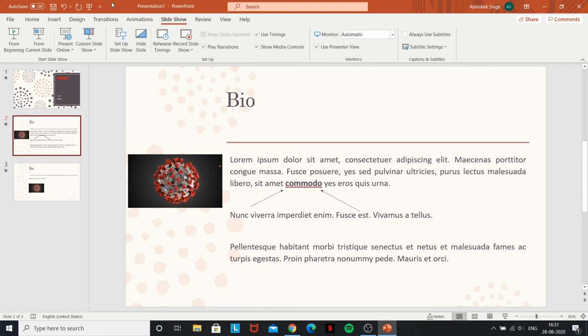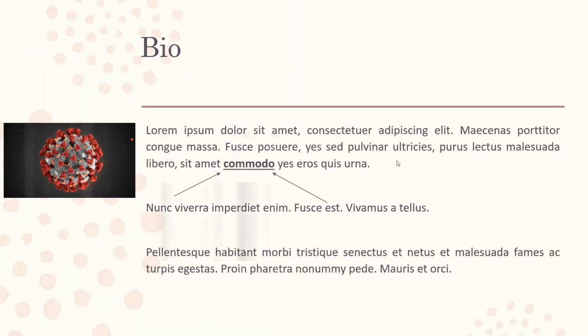The shortcut key would be to press F5, function 5 button at the top of your keyboard. Once you press that, it automatically starts the slideshow. If we're on the second page and we want to start from here, you can press this button or Shift F5, and it automatically starts on the page that you've already selected.